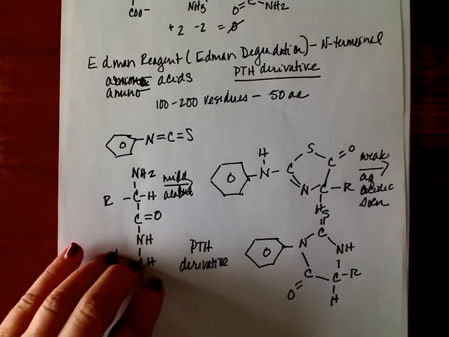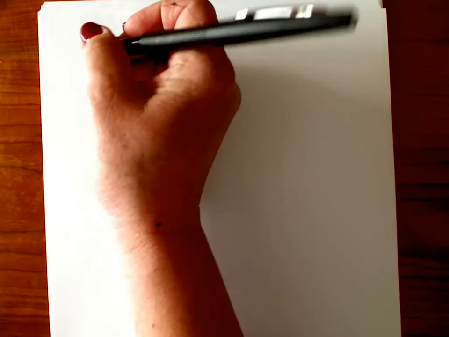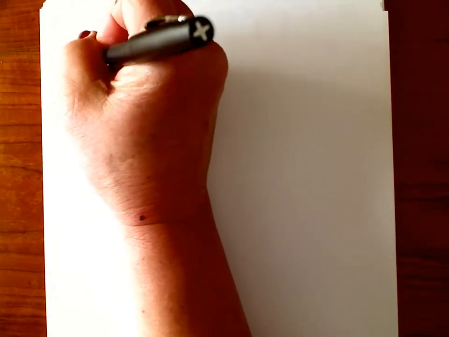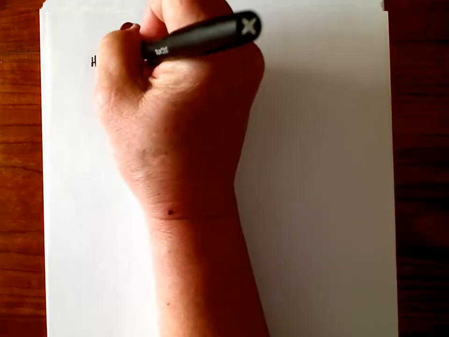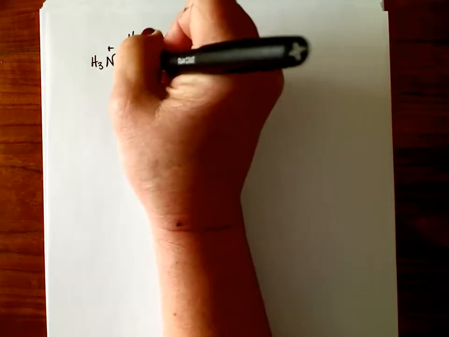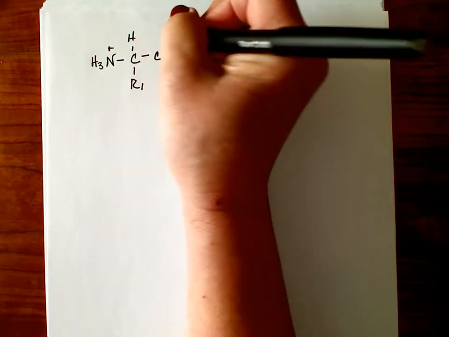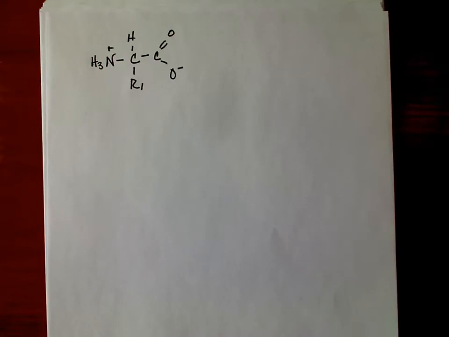So let's take a look at the formation of an amide bond. This is what occurs when we basically polymerize amino acids. Again, I'm just going to use a generic R group for each of these, and I'm going to draw the deprotonated alpha carboxyl group like this.